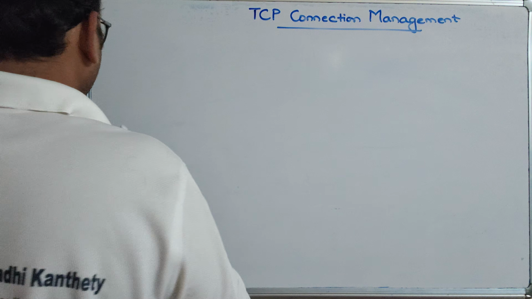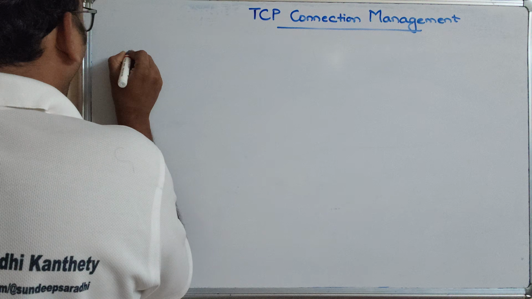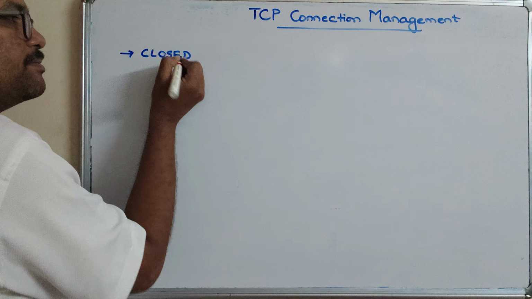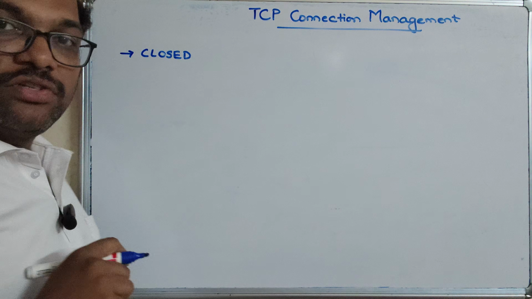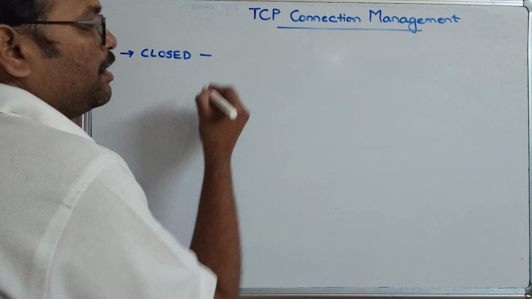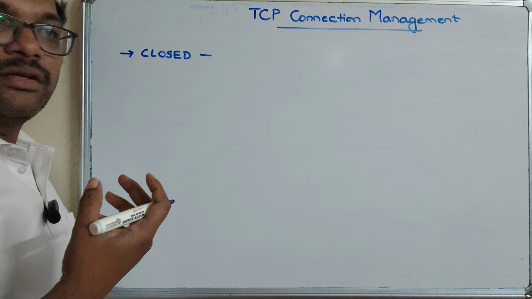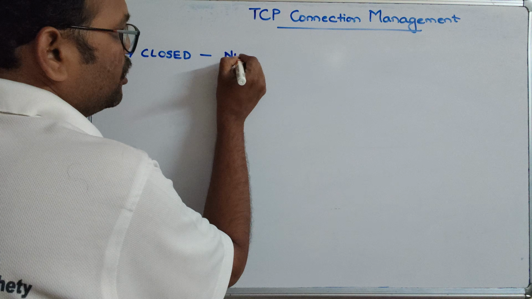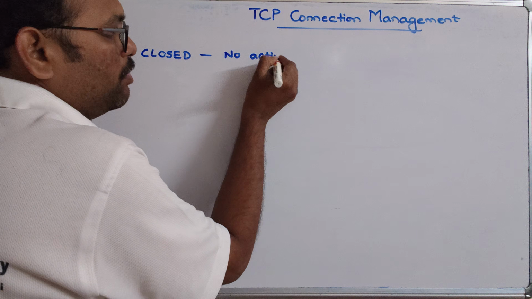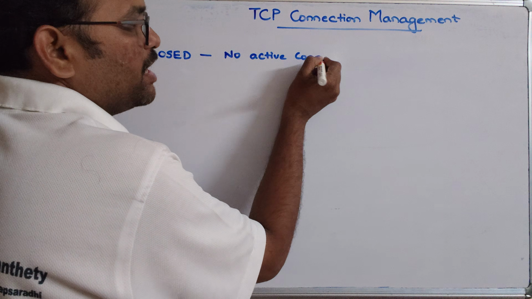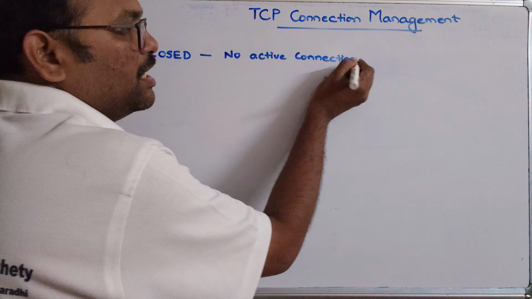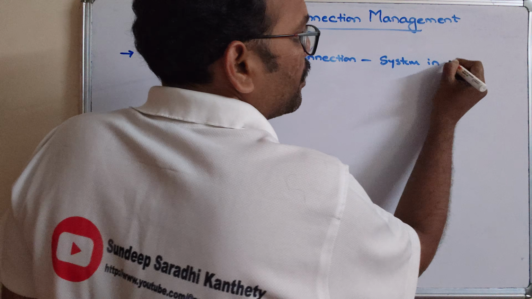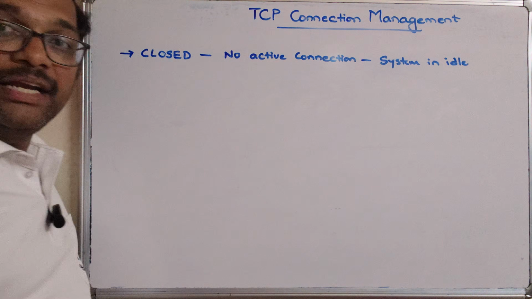The first one is the closed state. Closed state means whenever the system is idle, there are no active connections, which implies the system is in idle state.